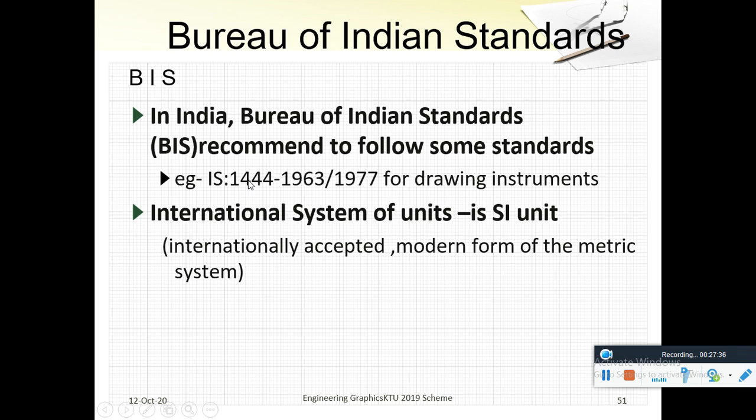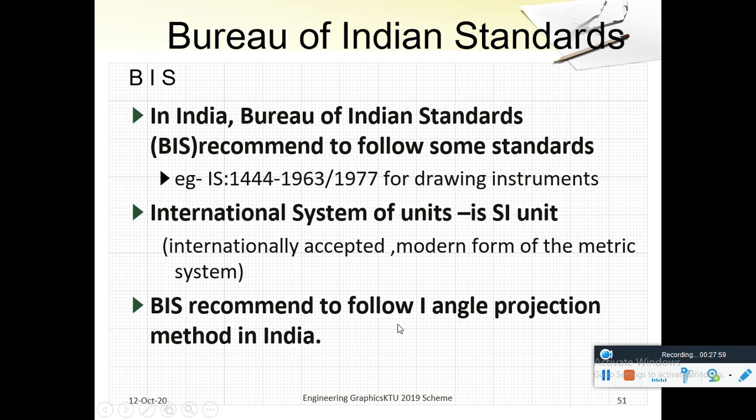For drawing instruments, IS 1444 1963, revised 1977, is the IS code. And so on. There are many IS codes recommended by the Bureau of Indian Standards.